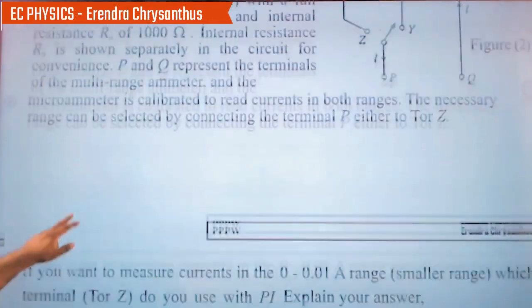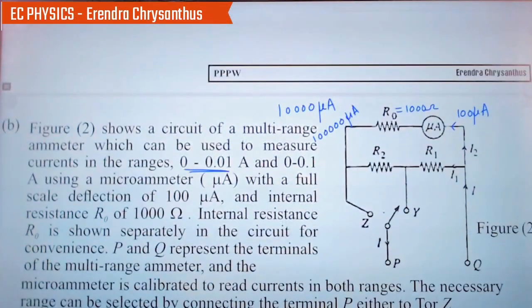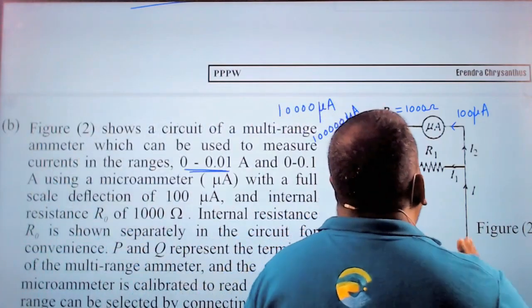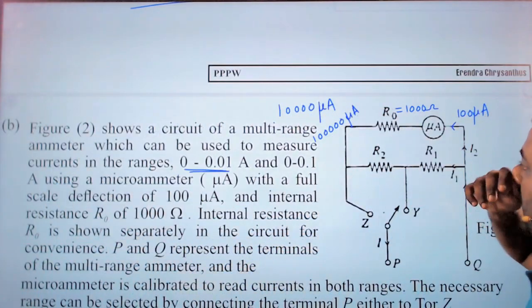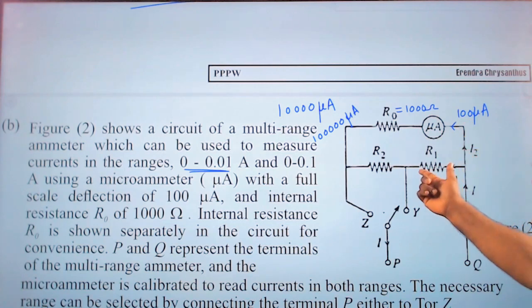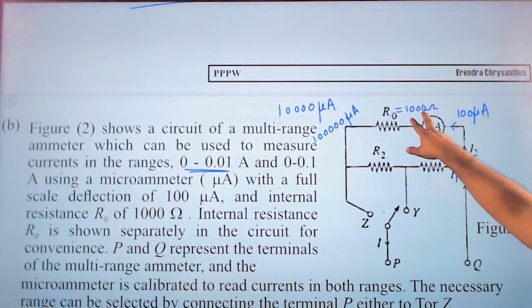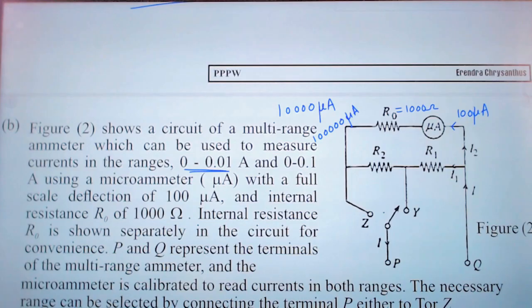So 10,000 microamperes can't go, no. Only 100 microamperes can go through the meter, which means the remaining 9,900 goes across this. Clear? And the voltage here and here should be the same. Lesser resistance, more current. Here more current.